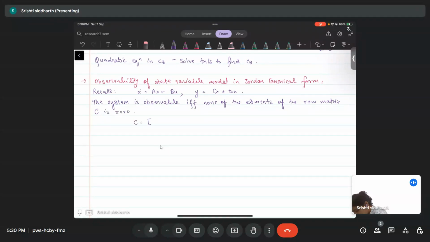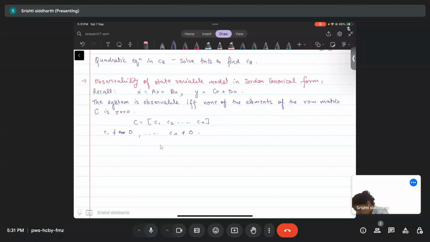C is something of the sort C1, C2 up to Cn. All of the coefficients should be non-zero for the system to be completely observable. This is the case when there is just one output.